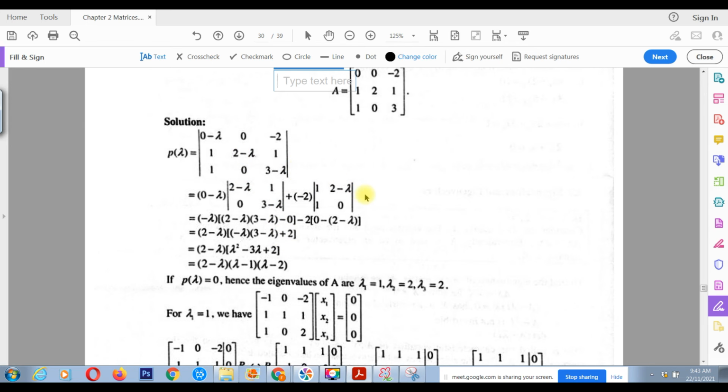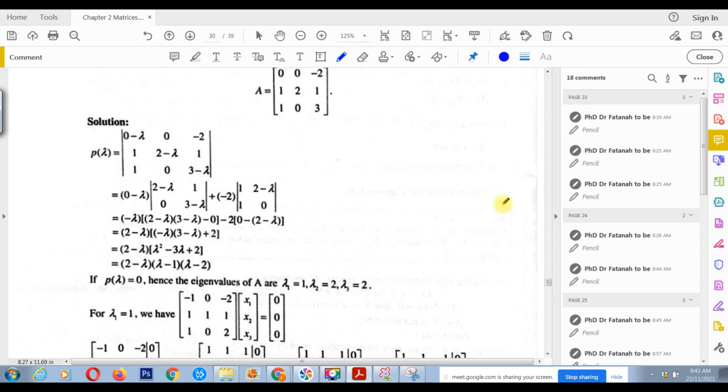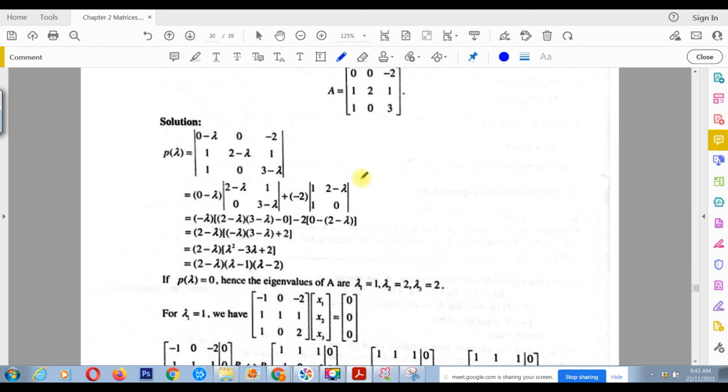So this should be plus 0, and then as usual, 1, 1, 1, 3 minus lambda.